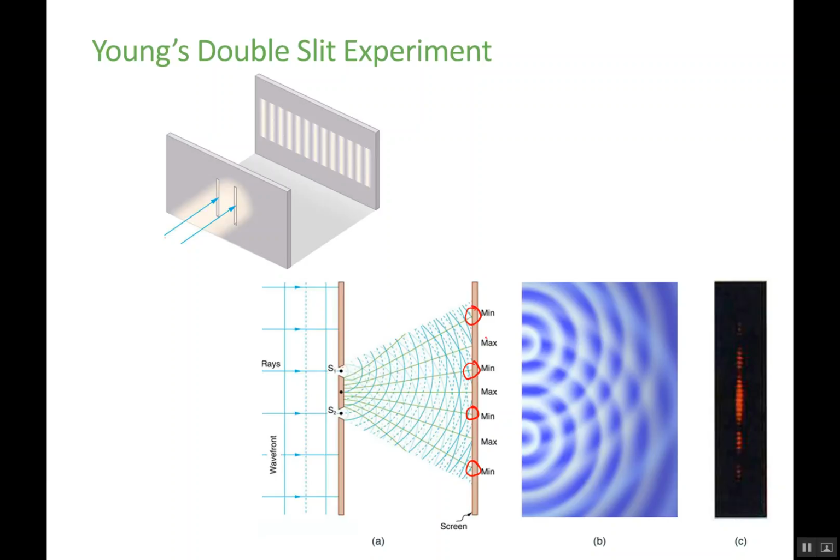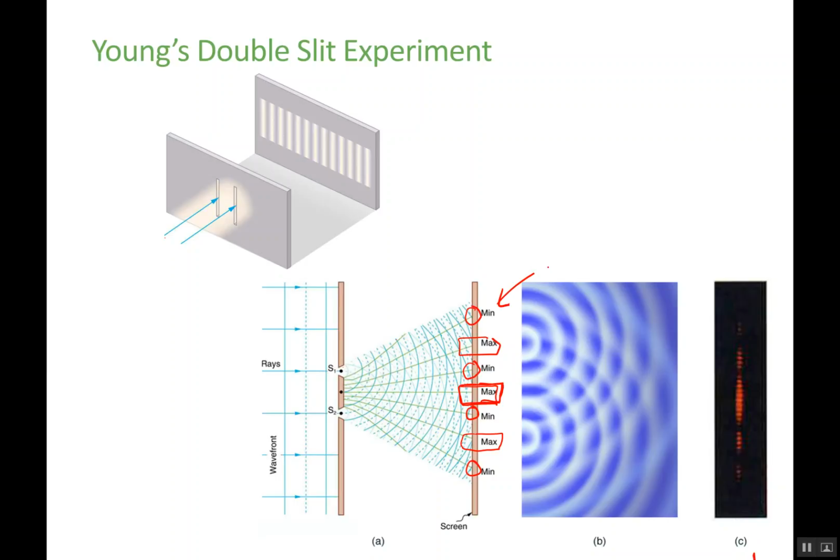On the other hand, there are regions where the peaks of the waves from one of the slits coincide with peaks from the wave from the other slit. And at those spots, you'll have bright spots because you have constructive interference.